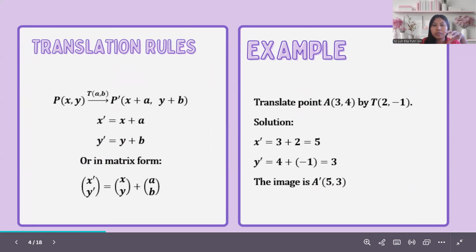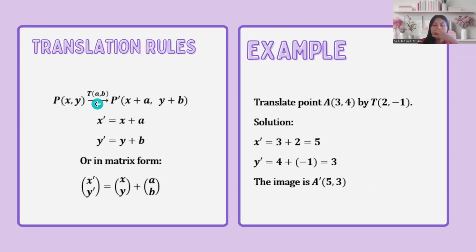Transformation rule. To find the new coordinates of a point after a translation, simply add the horizontal shift a to the original x coordinate and the vertical shift b to the original y coordinate. You can use this rule.